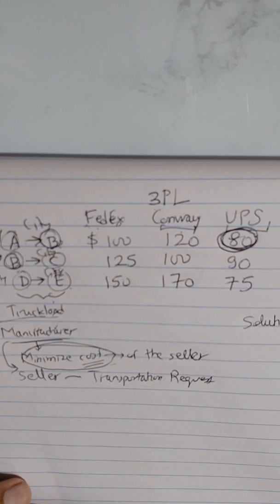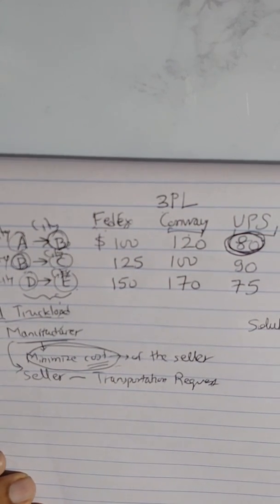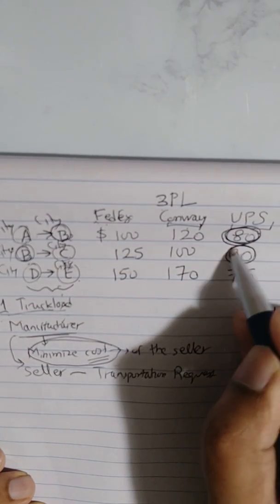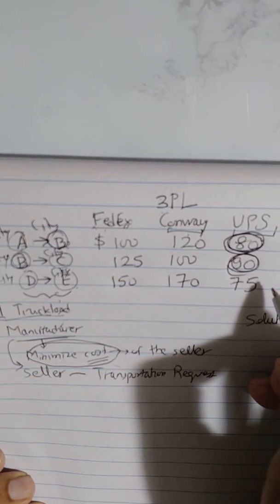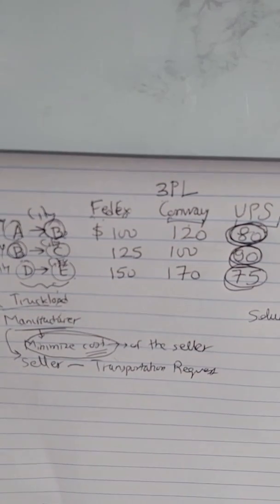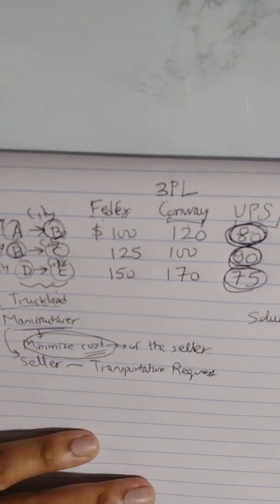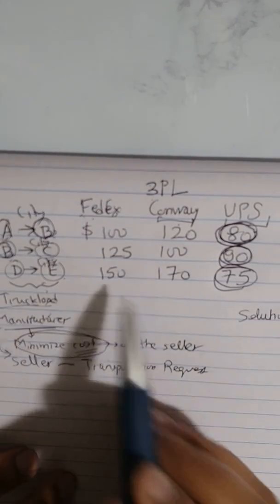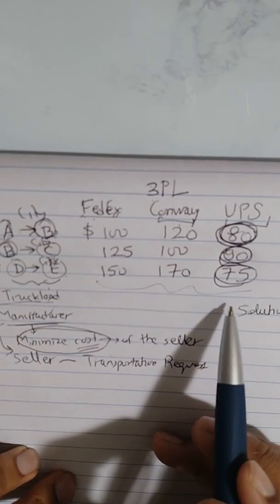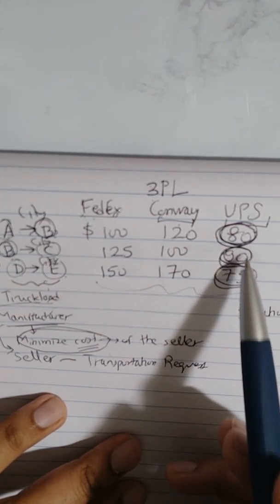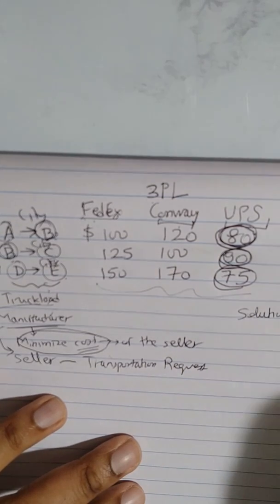Who is the winner of lane 2? Again we are looking for the lowest bid, so that's 90. And again, lane 3, the lowest bid is 75. So this was a very simple example, but I hope you understand the intricacies of it. These numbers can be different, and that will lead to different scenarios. But in this case, all the lowest cost bids are from UPS. So the winner is UPS in all lanes.